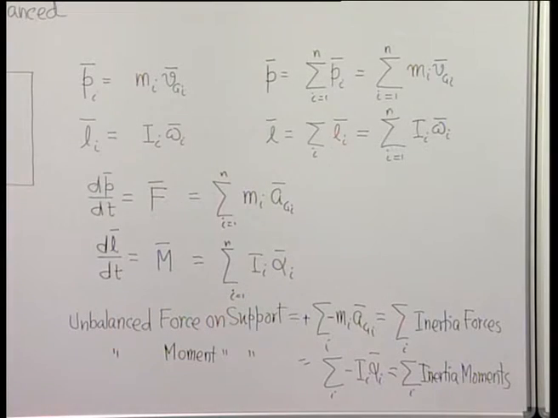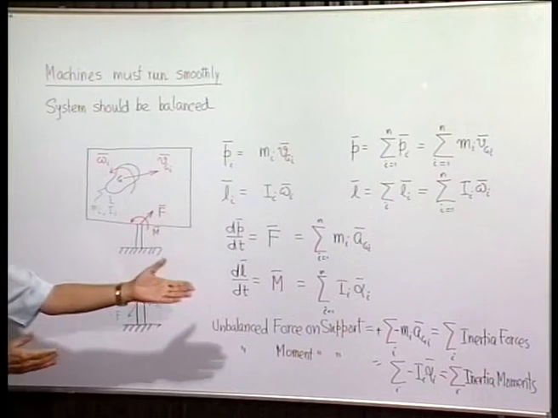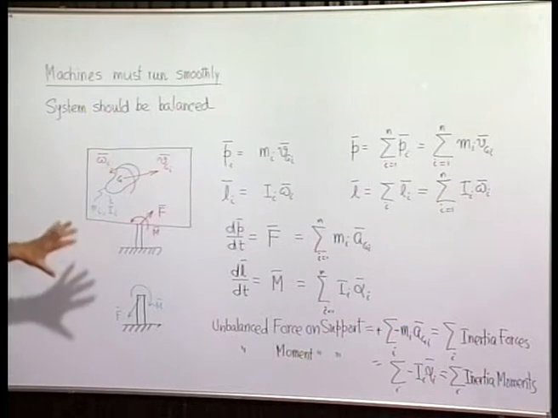Thus, the reason for the support experiencing unbalanced force and moment is the non-zero inertia force of the system at an instant, or the non-zero inertia moment of each member at any instant.